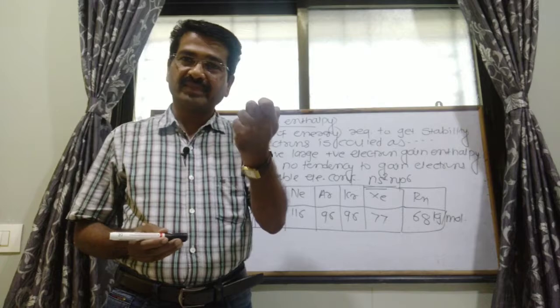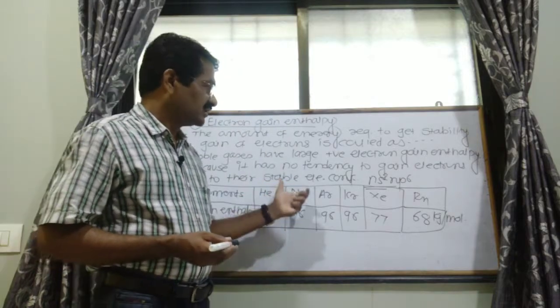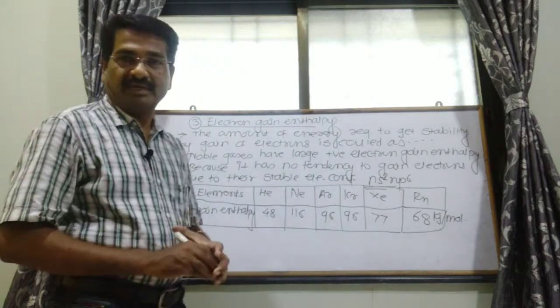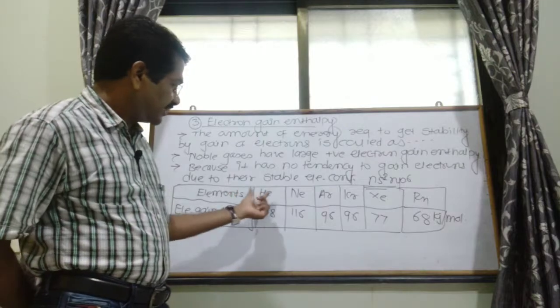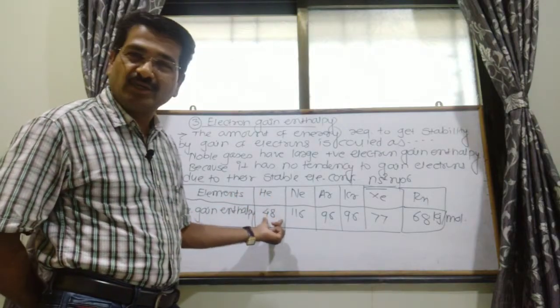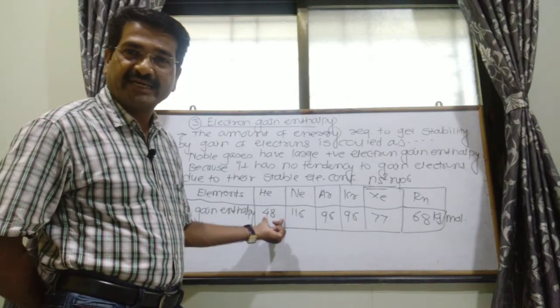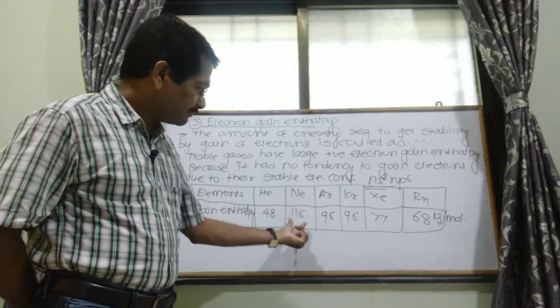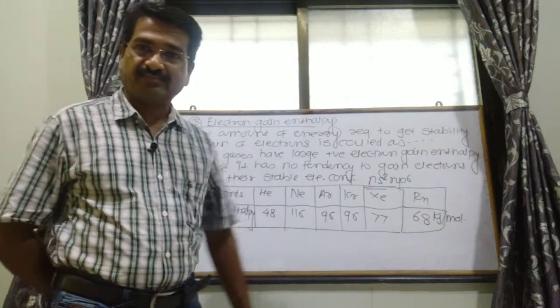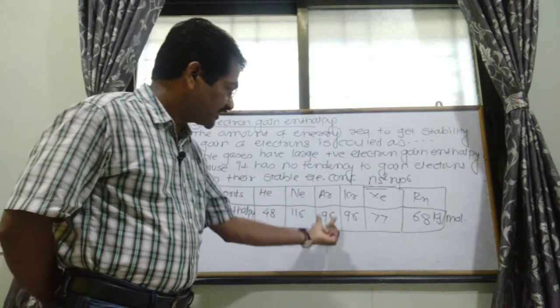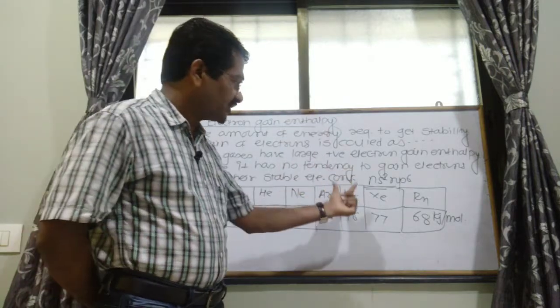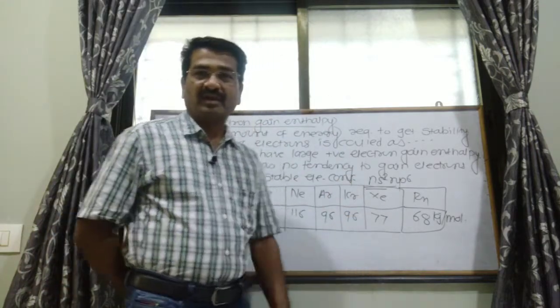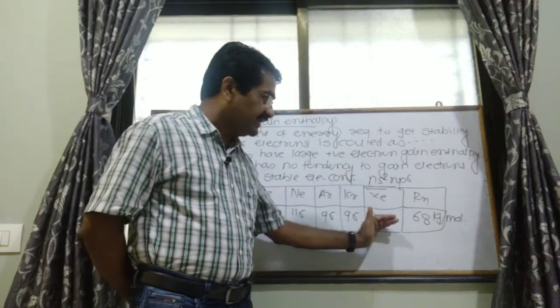Likewise in this table, helium possesses 48 kilojoule per mole electron gain enthalpy. Then neon possesses 116. Then argon possesses 96. Krypton possesses 96. But xenon is 77.